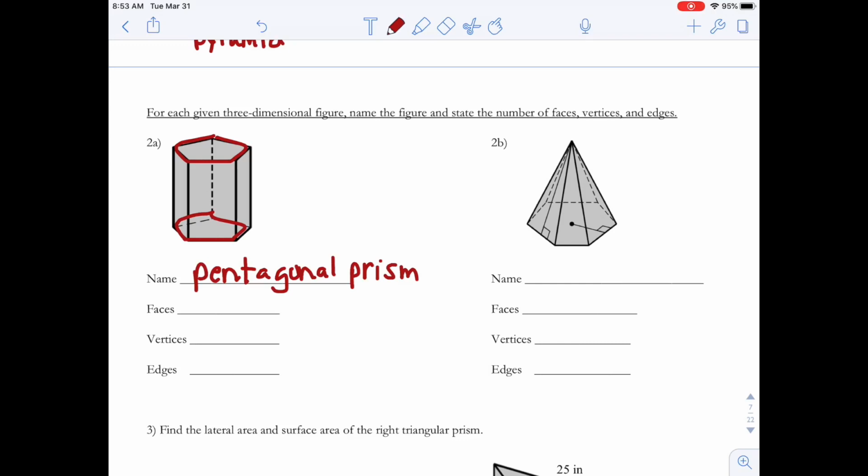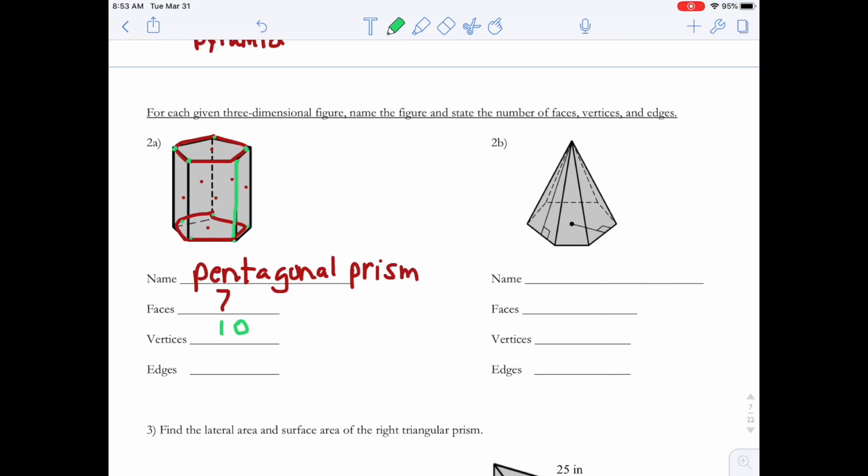The faces, so that's any side. So we have the 5 sides going around, and then we have our 2 bases, so there's 7 of those. Your vertices are all the points in which lines meet. So we got 1, 2, 3, 4, 5, and then 5 more at the bottom to give us 10. And your edges are where any 2 sides meet.